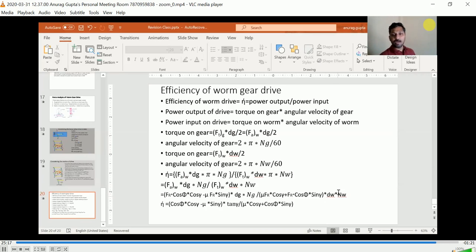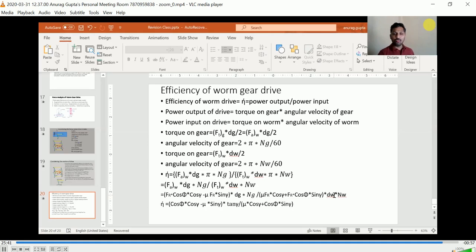And we convert DW into q into m, where q is the diameter quotient and m is the module. So m will be cancelled out, and Ng by Nw is nothing but 1 over the reduction ratio.